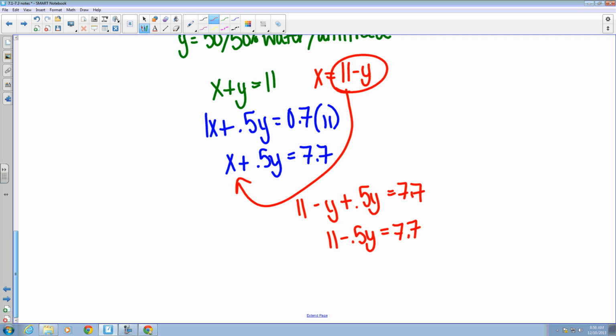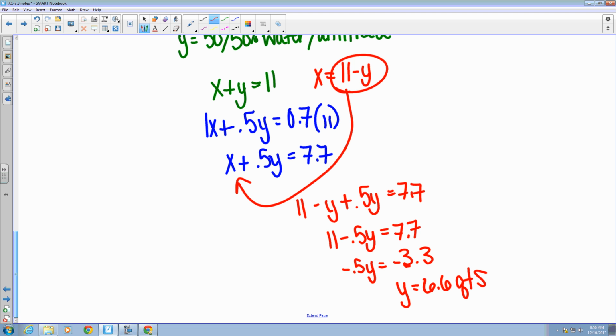So 7.7 minus 11 is negative 3.3. And negative 3.3 divided by negative 0.5 is 6.6. So we're going to have 6.6 quarts of the 50-50 solution.